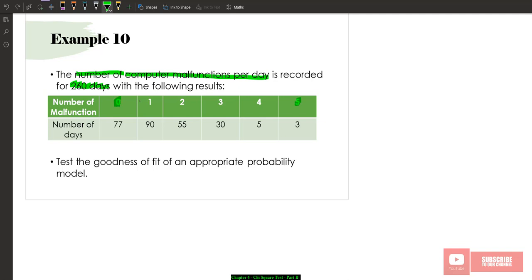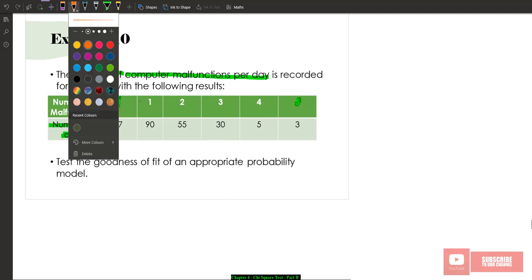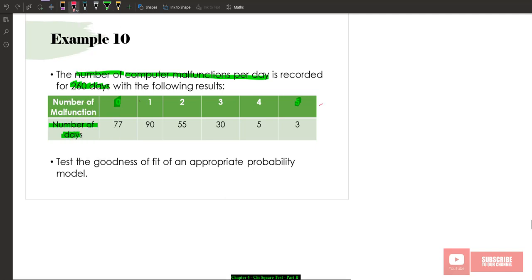This is our observed frequency, and the total of the observed frequency should be equal to 260, so we observed 260 days. Same steps, first step, we need to state our hypothesis statement.